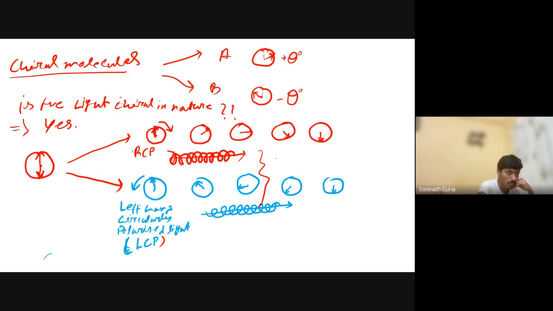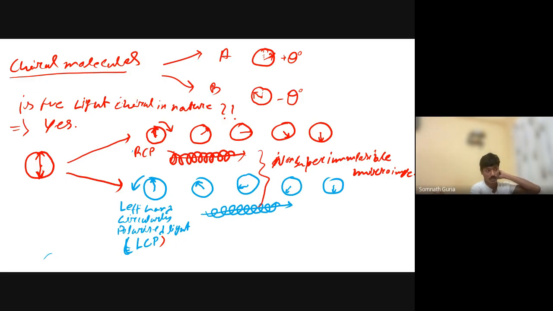So these two are non-superimposable mirror images.